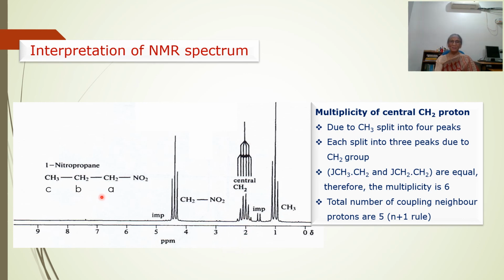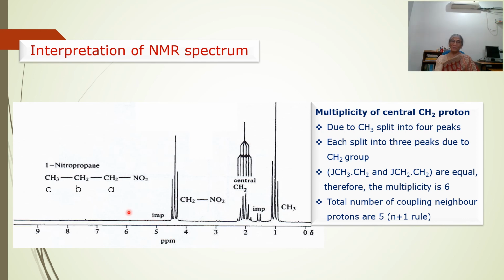And the third signal is again because of methylene protons, which is present at delta 4.5 value. Methylene protons, which are close to the nitro group, are deshielded because of the presence of the nitro group. Nitro group is an electron withdrawing group. Therefore, methylene protons are deshielded and the signal is seen at delta 4.5 value.